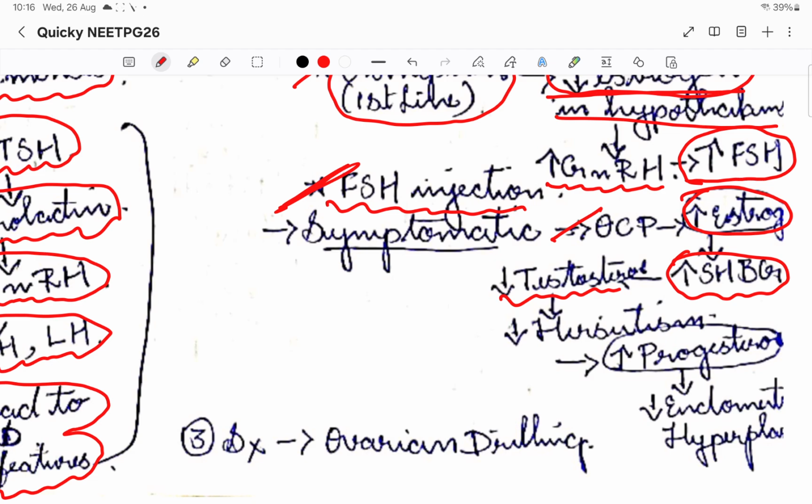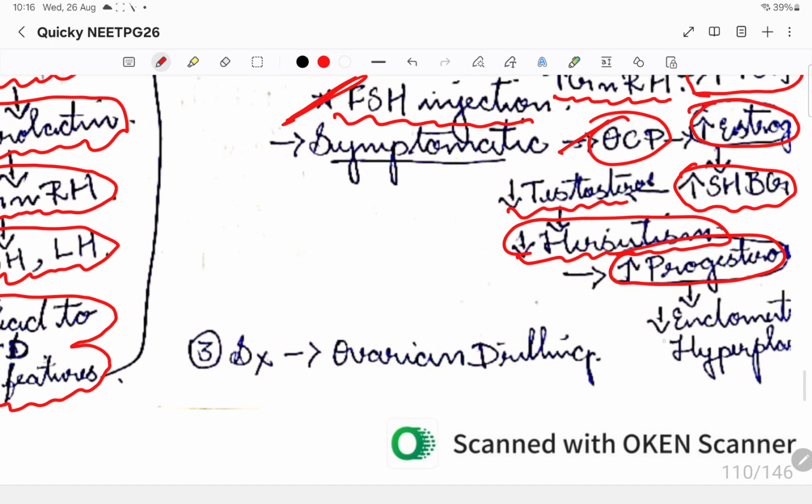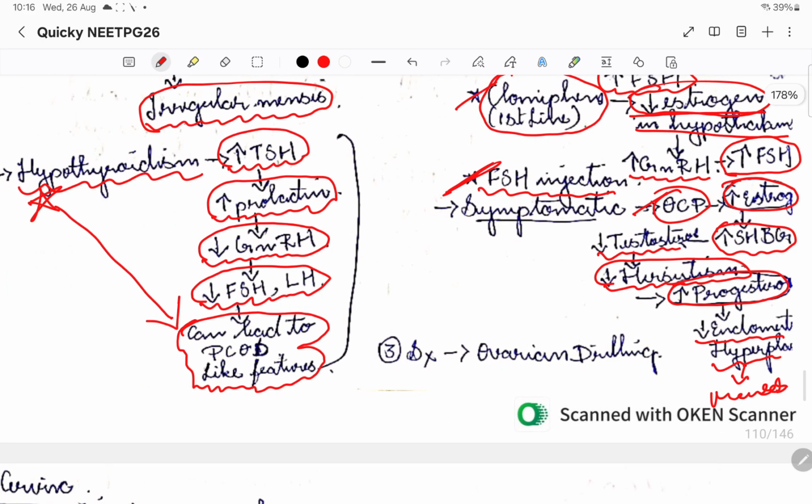So estrogen increases the SHBG, which will reduce the testosterone, and hirsutism-like features will be reduced in the patient. Then in OCP, combined oral contraceptives, estrogen will be there and also progesterone, right? Progesterone will cause the reduction in endometrial hyperplasia, so that is how the menses will happen. So this is the basic approach that we take with respect to symptomatic treatment for PCOS.